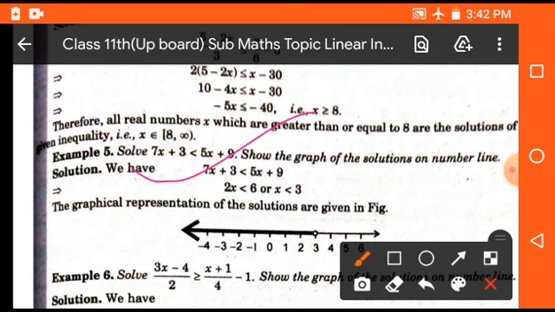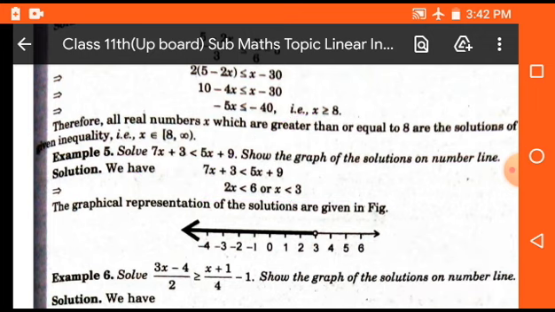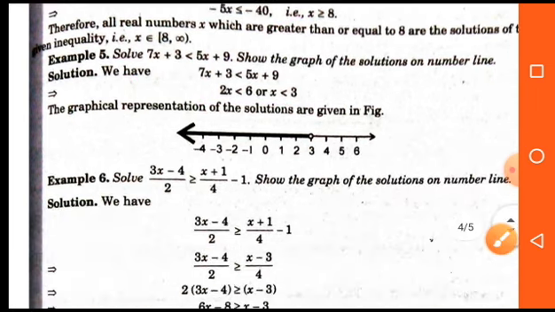On solving, we get 2x is less than 6 or x is less than 3. It means that we can take all the values which are less than 3, that is, minus infinity to plus 3. But 3 is not included because x is less than 3. Now when we plot all the values on the number line, we get the required solution as shown in the figure.